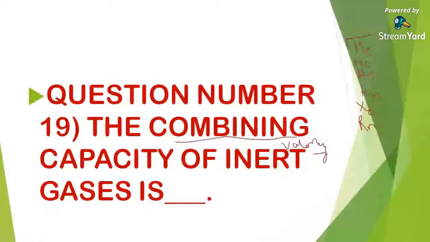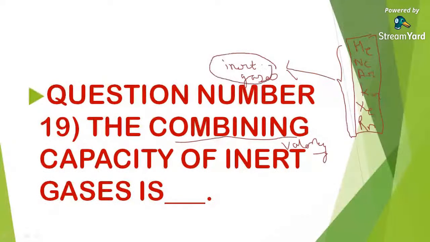And there are six inert gases. I have written the names of these six gases. The first one is helium, He. Second is neon, Ne. Third is argon. Fourth is krypton, then xenon, and radon. They all are inert gases. Inert gases are also called noble gases.